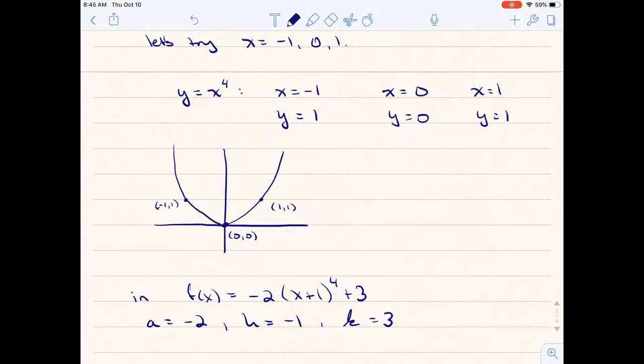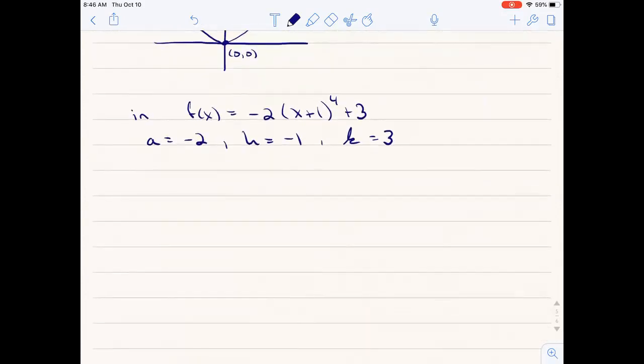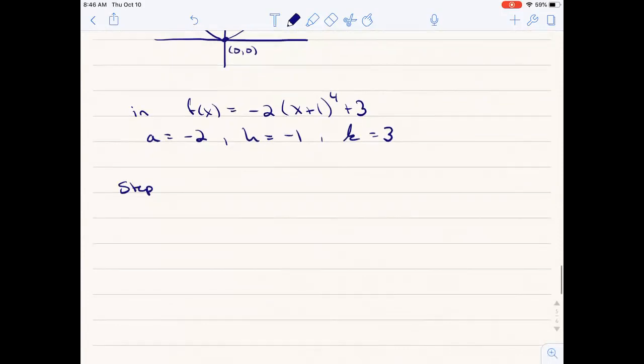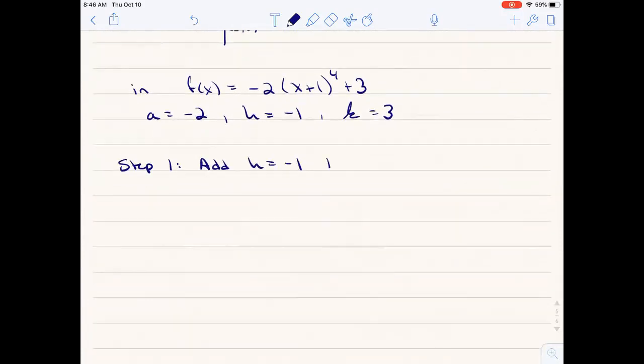So we're going to add -1 to each of these x's. Step 1: add h equal to -1 to each of the x coordinates.